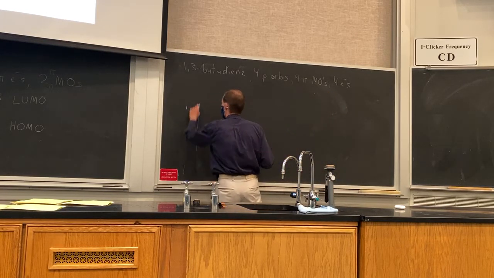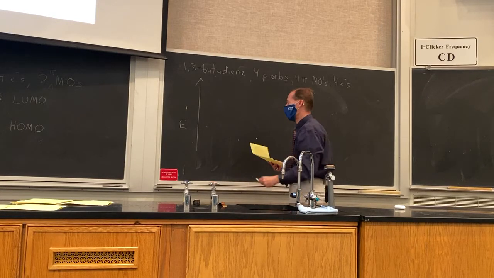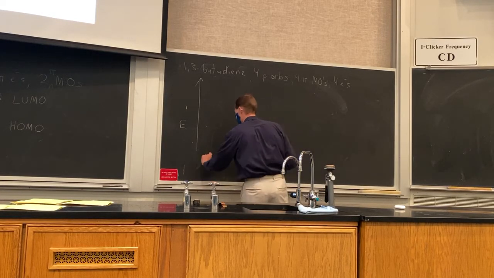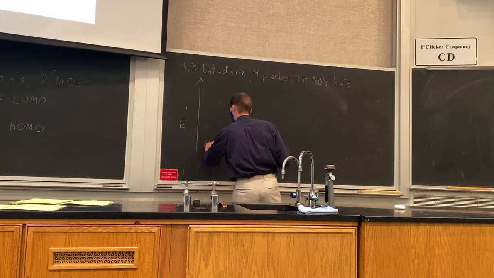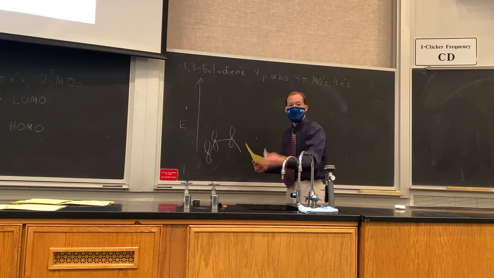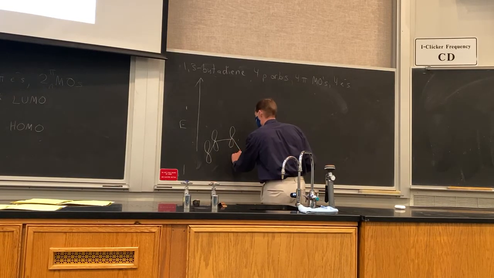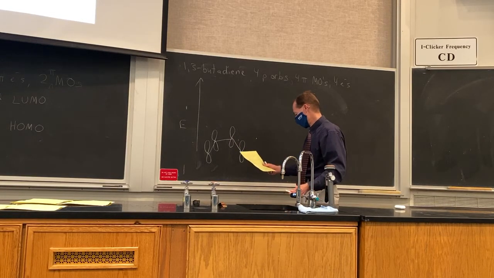So we'll make a similar kind of a graph with increasing energy on our y-axis here, and we're going to draw our 1,3-butadiene in the S-cis conformation, because that's the conformation that participates in the Diels-Alder reaction.